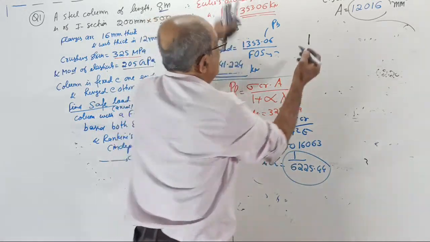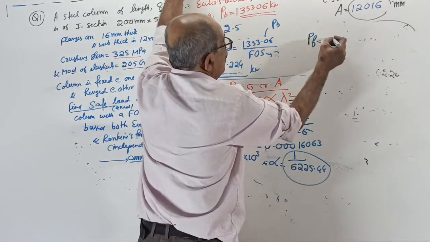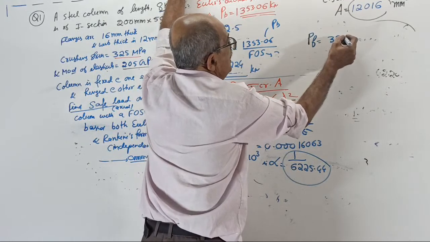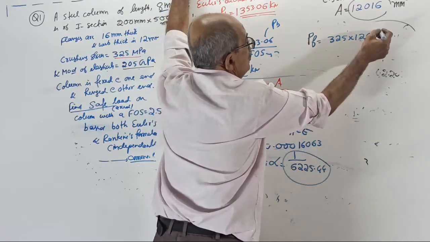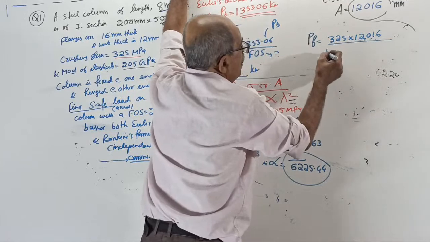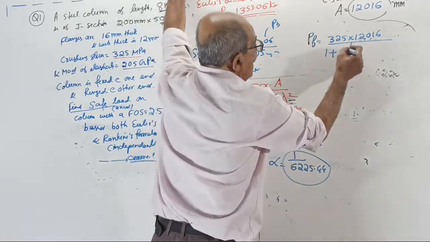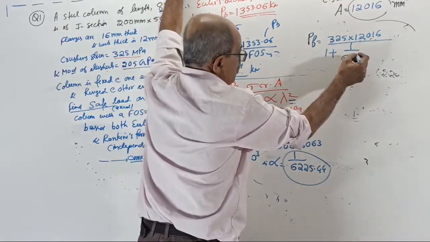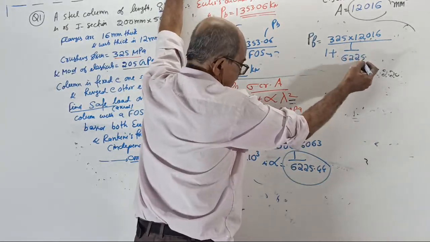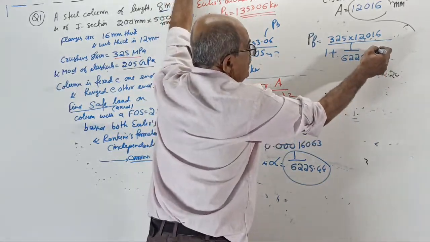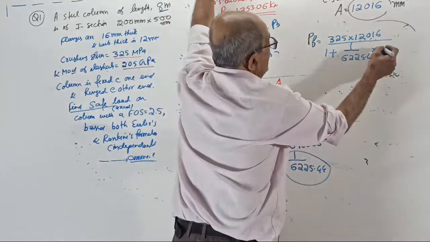Rankine's failure load equal to 325 into area 12016 divided by 1 plus alpha, 1 by 6225.44, into lambda square. Where is lambda?